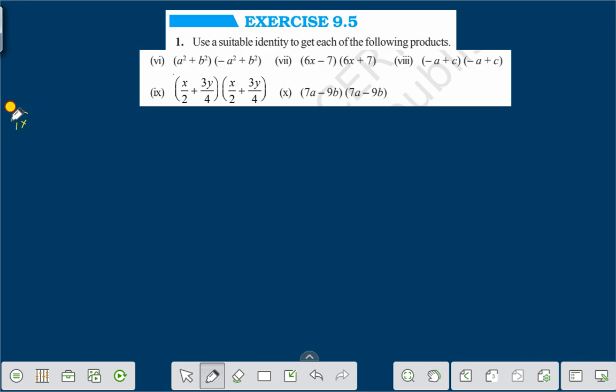Question number 9 is x by 2 plus 3y by 4 into x by 2 plus 3y by 4.